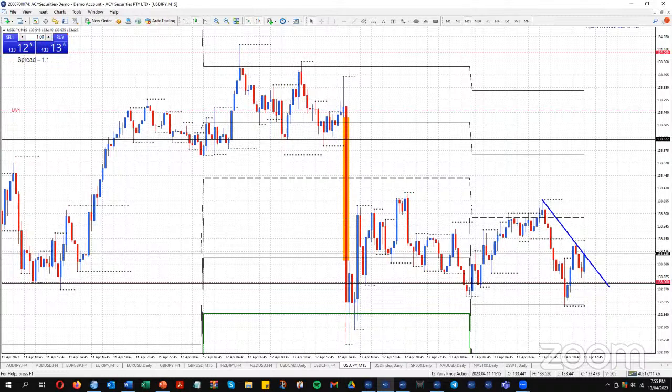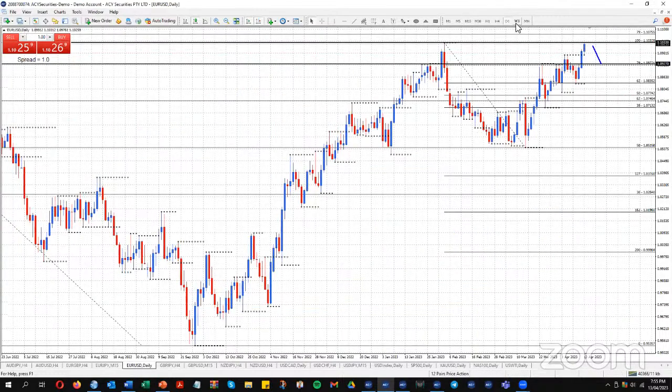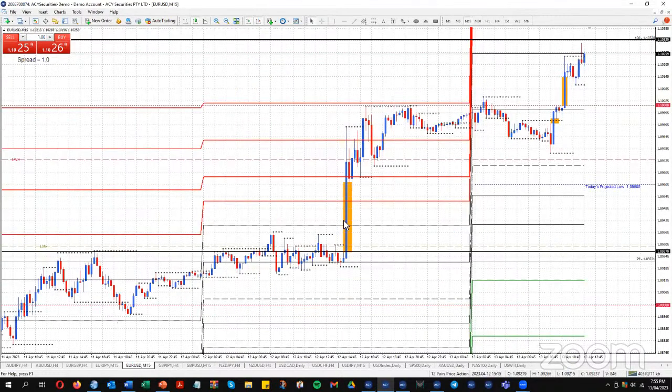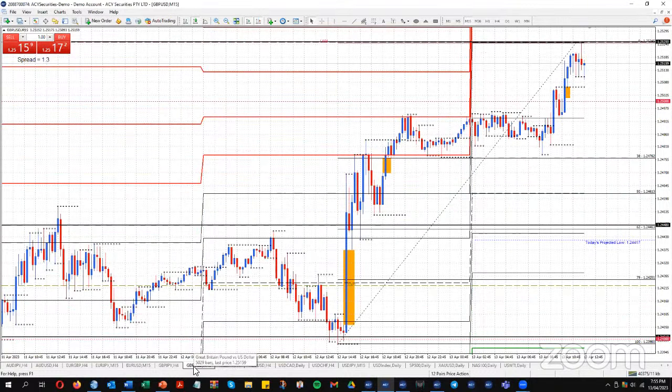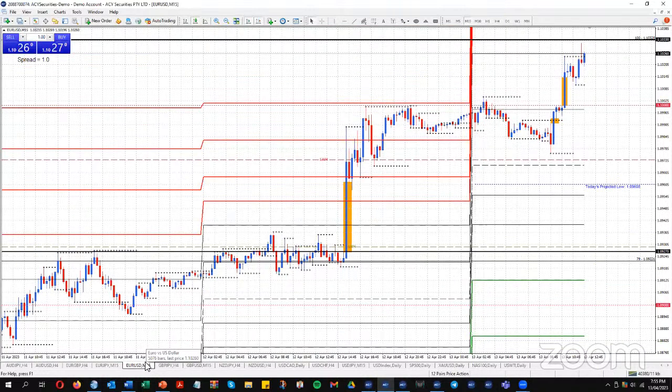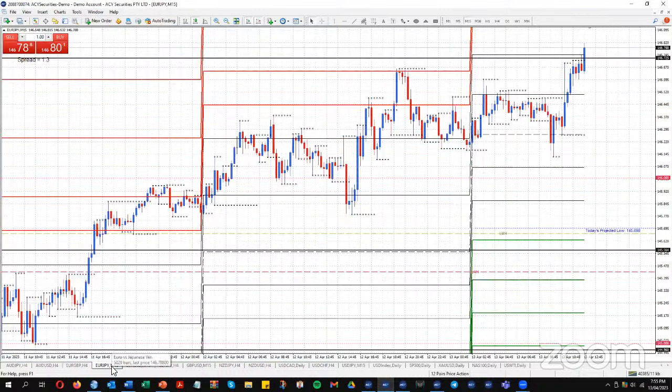All right. Just want to see what the euro dollar is doing. And what's that pound dollar doing up there? All right, so we're seeing a little bit of a withdrawal. And what's that euro yen doing at its level? Euro dollar is actually above at the moment.